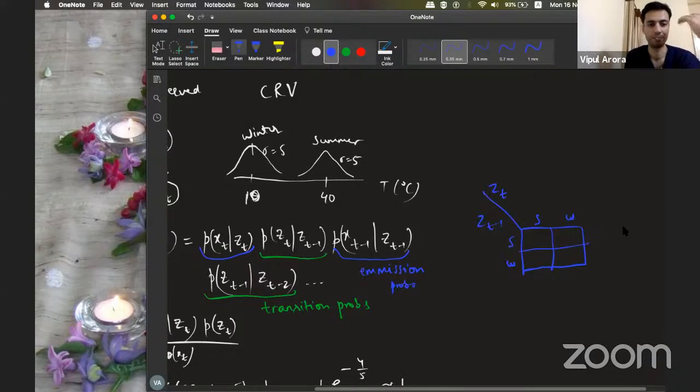What should be your guess of these values of p of zt given zt minus 1? Maximum for S when S, and for W when winter. So tell me numbers. Diagonal elements are large, but how large?